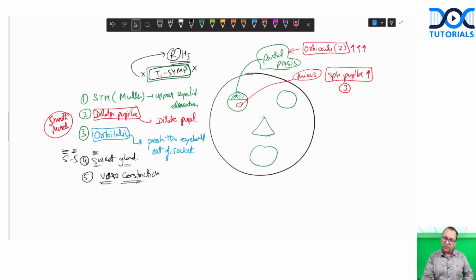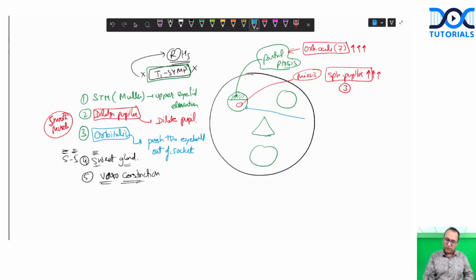So some muscles become unopposed, and they cause the other effect. In Horner syndrome, the dilator pupillae supplied by T1 sympathetic is not working, so the sphincter pupillae supplied by the third nerve becomes more powerful, and there is miosis.